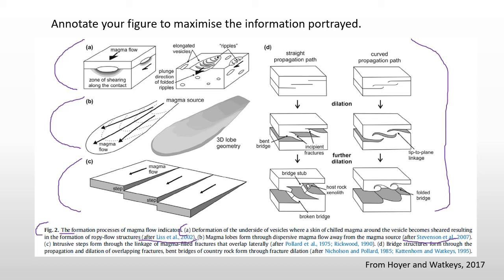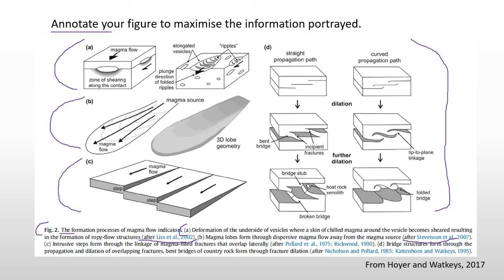What you'll also notice is that I have annotated these figures, which maximizes the amount of information that can be portrayed by a figure. So you can see that there's words, there's arrows, there's a whole bunch of different information that you can see from this figure.